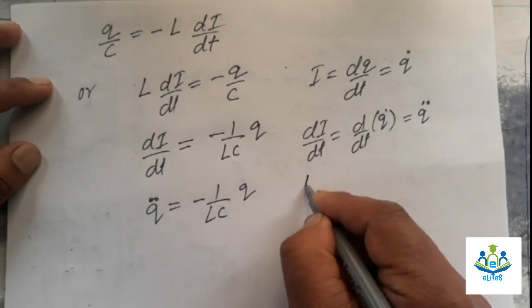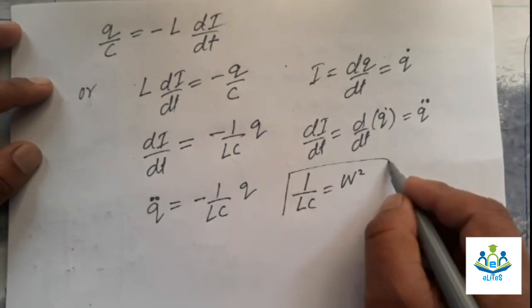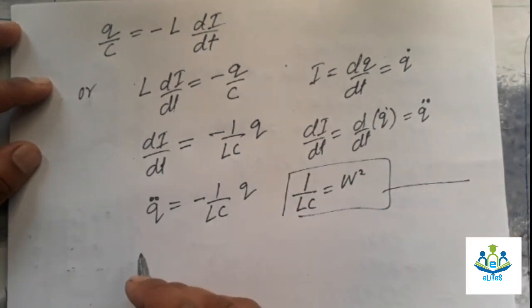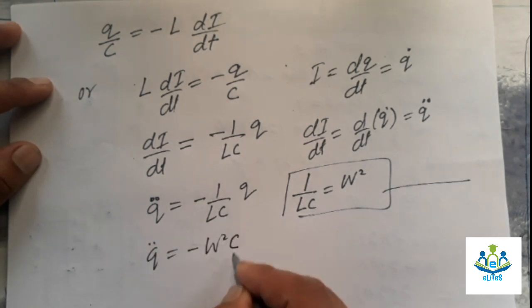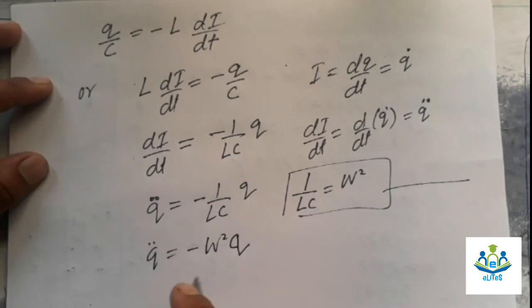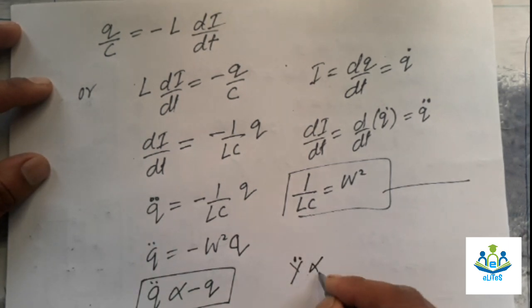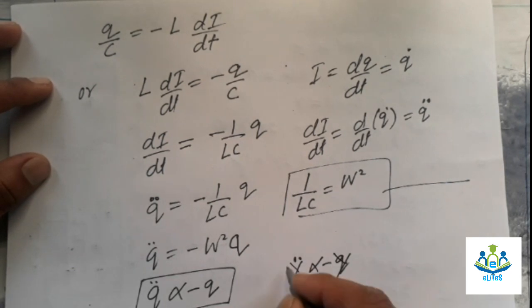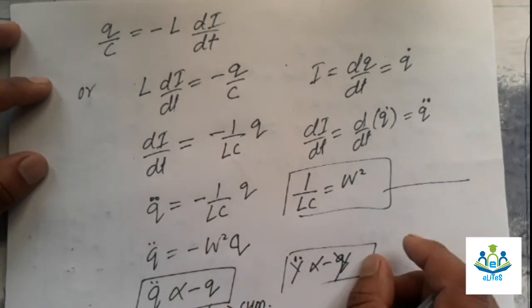Let 1 by LC be omega square, a constant. Then q double dot will be minus omega square q, and here you see q double dot is directly proportional to minus q. Same as the spring model, where we have acceleration proportional to negative of displacement y. So this oscillation is simple harmonic.